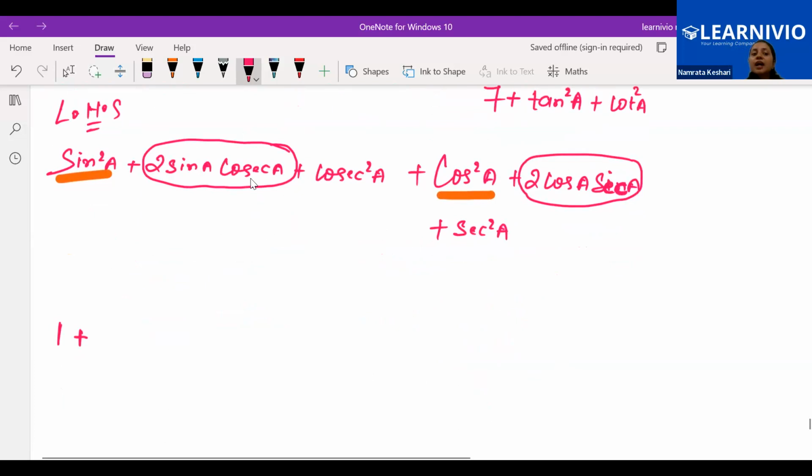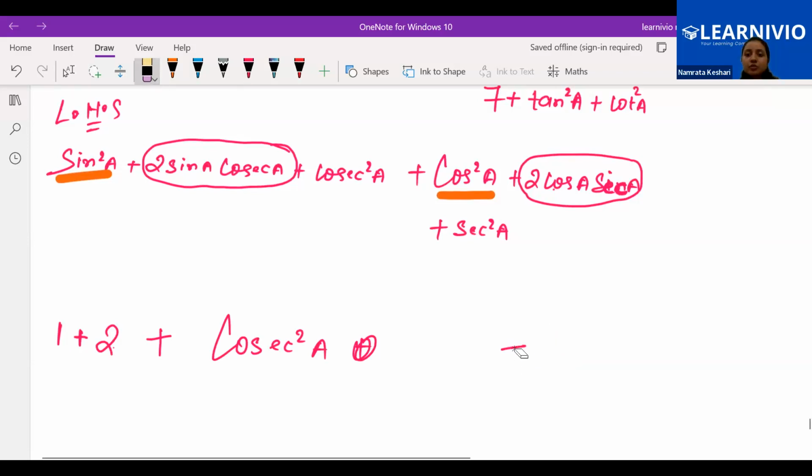With 1 we are having, 2 will be the result from here, and from there also we'll be having only 2. And in between whatever is there will remain as it is, that is cosec square plus, okay, cos we have already used.